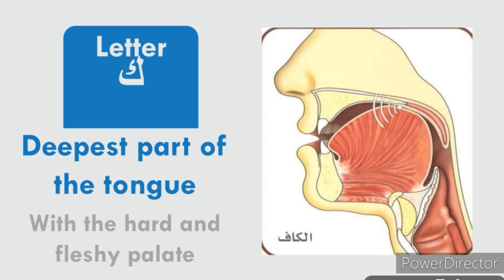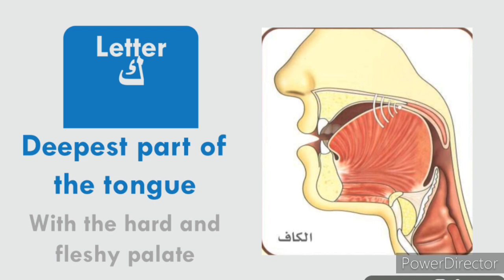While Kaf is the deepest part of the tongue with the hard and soft palate. As I just told you, when you try to feel with your tongue the roof of the mouth, you will find two parts, a bony part, then at the end of this bony part there is a fleshy part. Kaf is the combination between both the fleshy part and the hard part of the roof of the mouth, touched with the deepest part of the tongue.